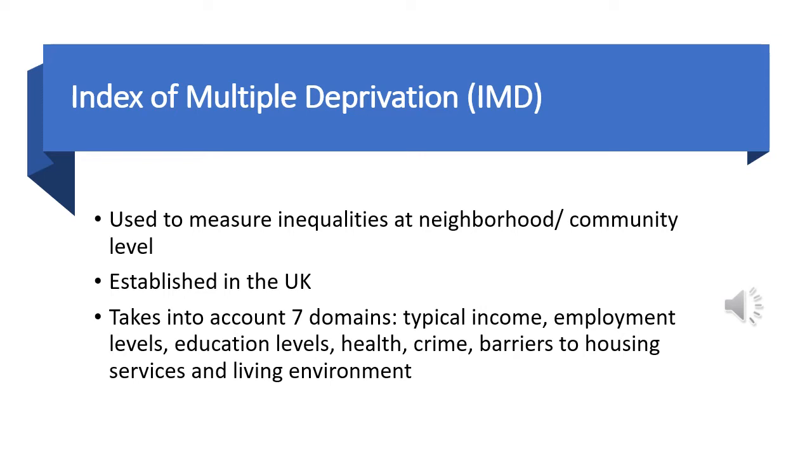It takes into account 7 domains of communities: income, employment status, educational level, health, crime, barriers to housing services, and living environment, and gives a score, usually from 1 to 10 or 1 to 32,000, based on the number of these communities. It's a very reliable and feasible measure to assess the social status at the level of communities.